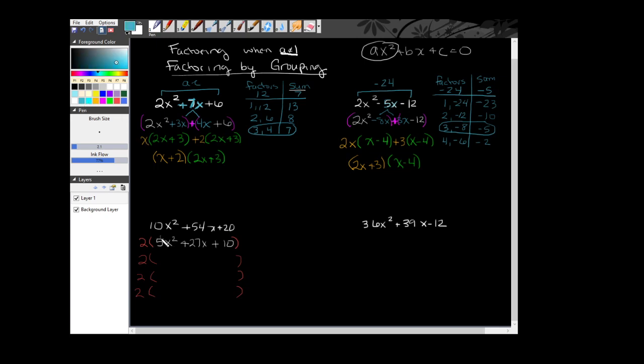So I'm going to take the A term and multiply it times the C term. So 5 times 10 is 50. So I am looking for the factors of 50 that add to make 27. Now when I see a number like 50, I think about money.